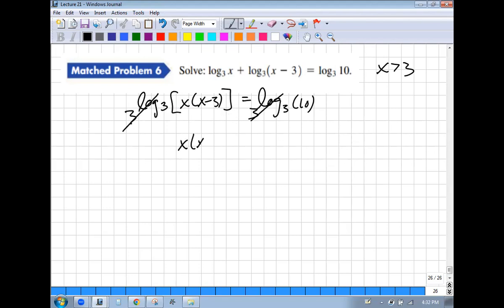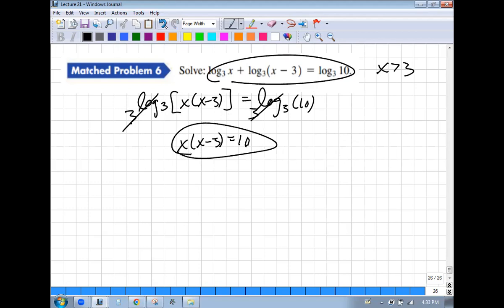I could have x times an x minus 3 equals 10. I can plug any number I want into this, but this I can only plug in values bigger than 3. So these cannot be equivalent. This one has all the solutions this does, but it has more.